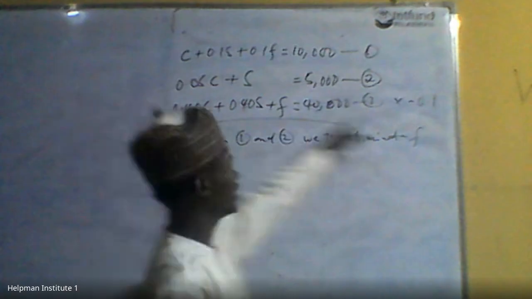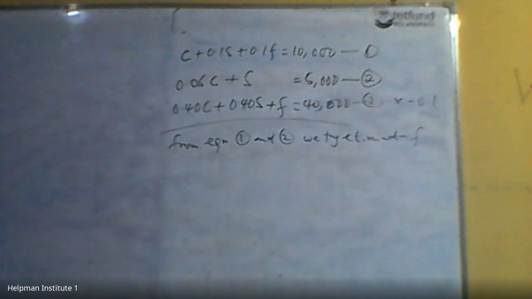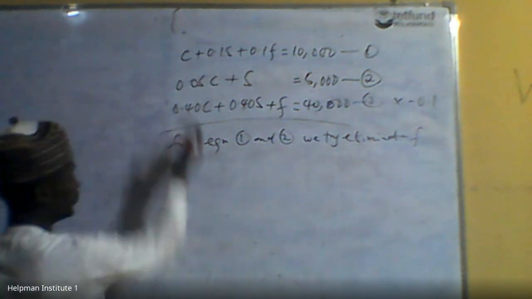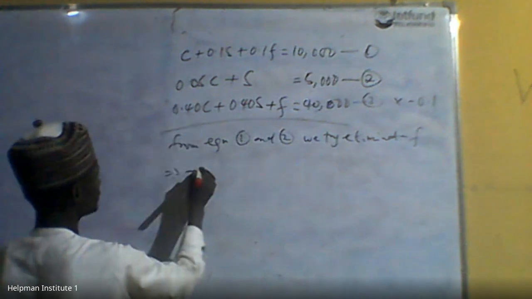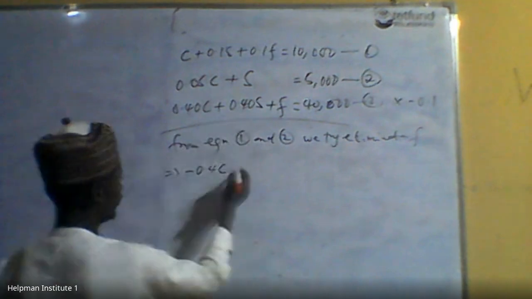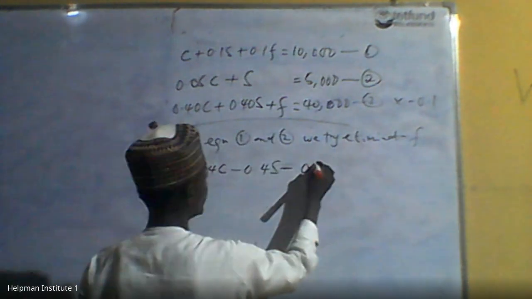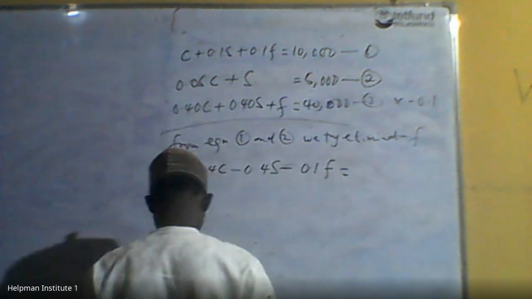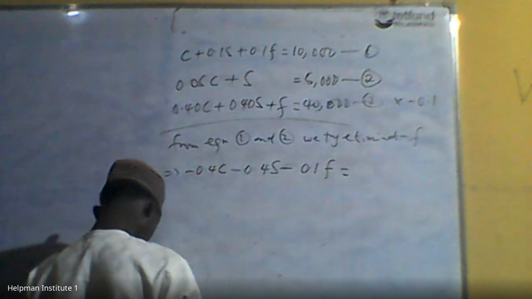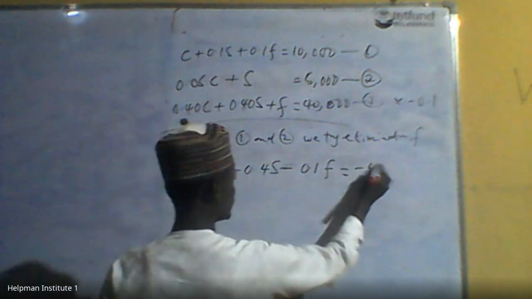So multiply equation 3 by minus 0.1. What do we have? Equation 3 will now become minus 0.04c, minus 0.04s, minus 0.1f, equals minus 4,000.